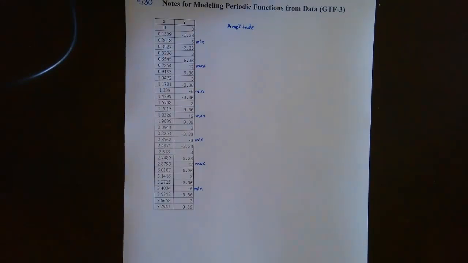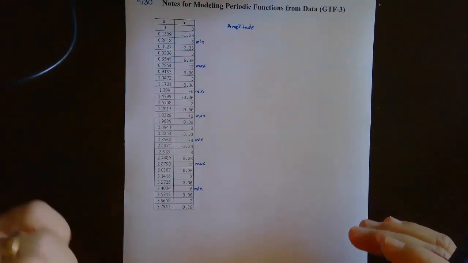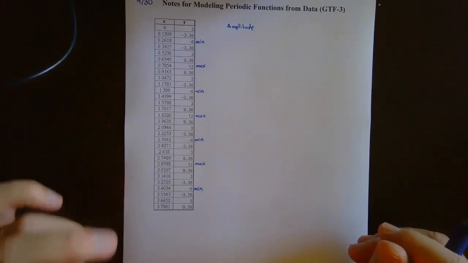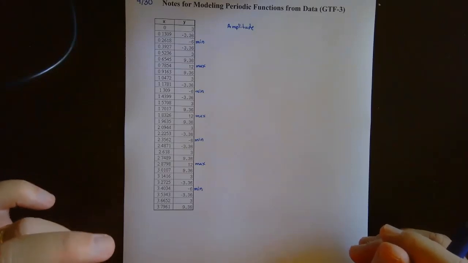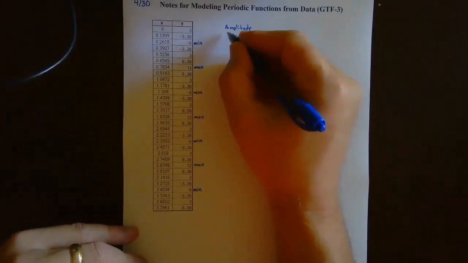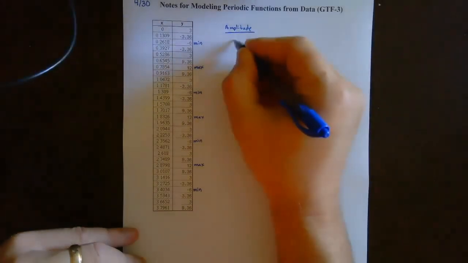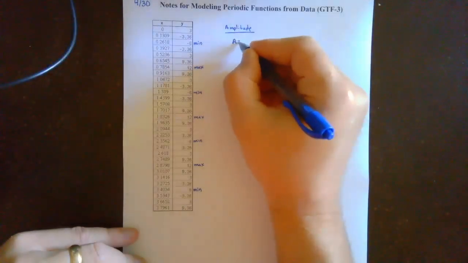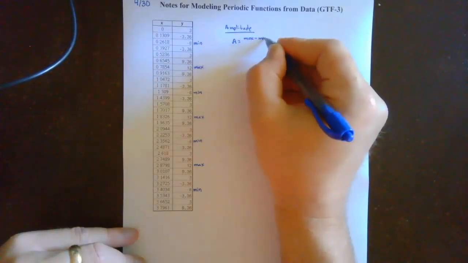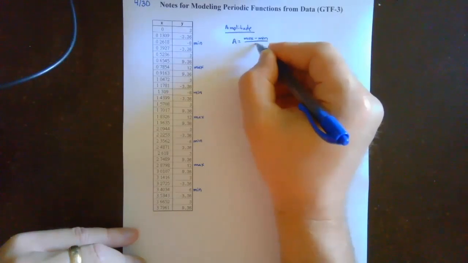So what you have to do is take the max minus the min. That would give you the distance between the max and the min, and the amplitude is going to be half that. And that's our a value. So once again, a is our max minus the min, divided by 2.